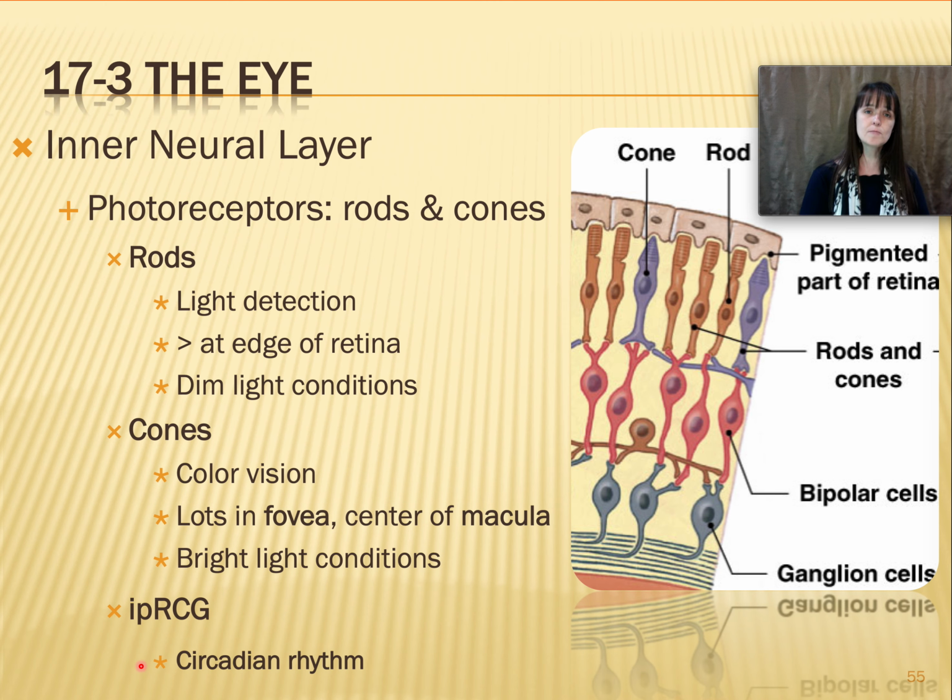Your circadian rhythm, if you don't know, is your day-night, sleep-wake, light-dark cycle. These photoreceptors in the retina are responsible for feeding that information to the relevant parts of the brain and keeping your circadian rhythm on track.